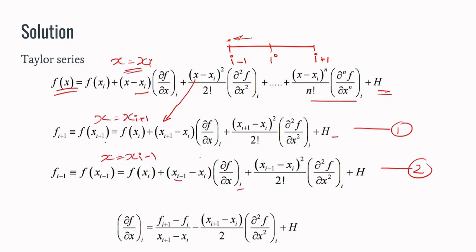If we are rearranging it, then this ∂f/∂x at i we can write as f of i plus 1 minus f of i, taking this term to the other side, divided by x i plus 1 minus xi, which is the multiple along with the ∂f/∂x. And again, dividing by that, the square goes and becomes (x i plus 1 minus xi) by 2 into ∂²f/∂x² plus h.